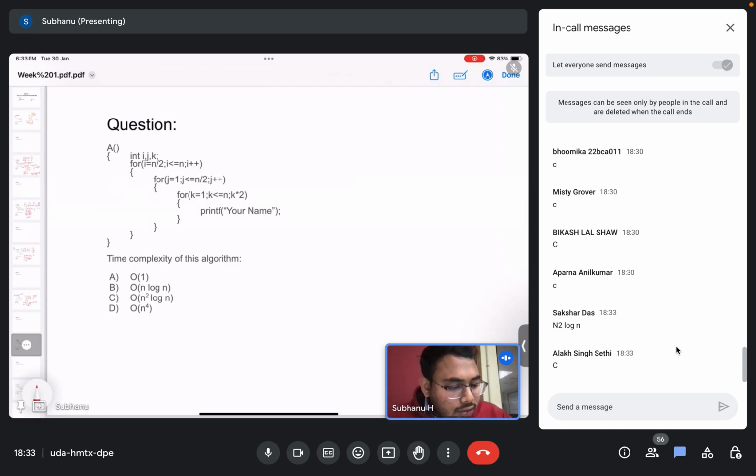So your task is to check where I is starting and where I is ending, where J is starting, where J is ending, and also the increment here. Okay, so here you have to focus.